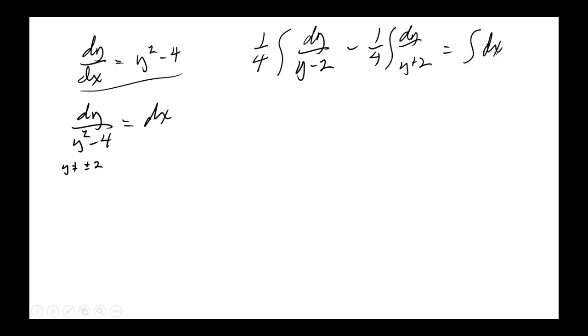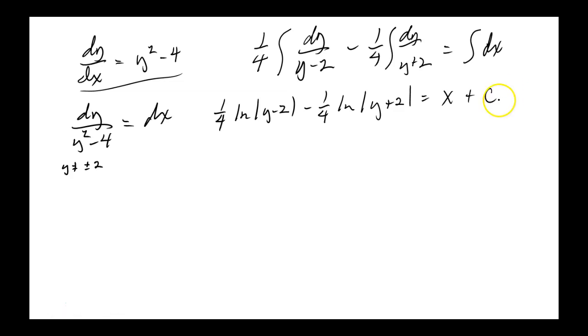That's what it turned out being when we did our partial fractions. And what this gave us was 1/4 the log of absolute value y minus 2 minus 1/4 the log of absolute value y plus 2, and that's equal to x plus some constant c. They call it C1. I'll call it that just for fun.